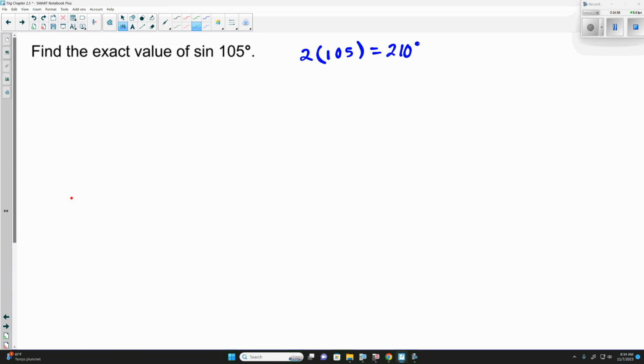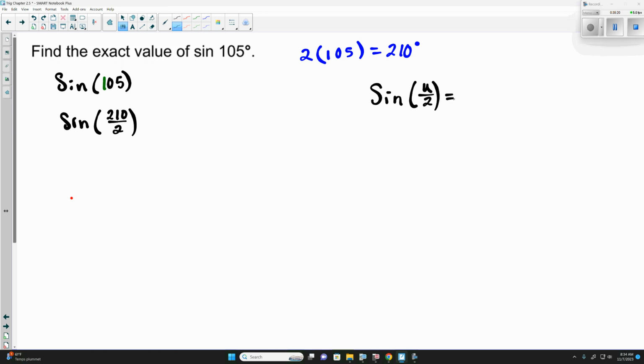So the way we can find the exact value using half angle formulas is that we say sine of 105 degrees is the same as sine of 210 degrees over 2. Now the reason we're doing this is because sine of theta over 2 is equal to plus or minus the square root of 1 minus cosine of theta over 2.